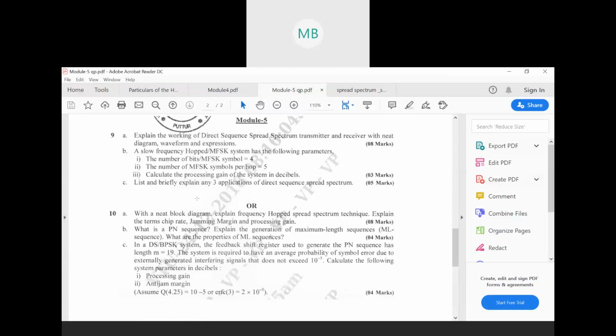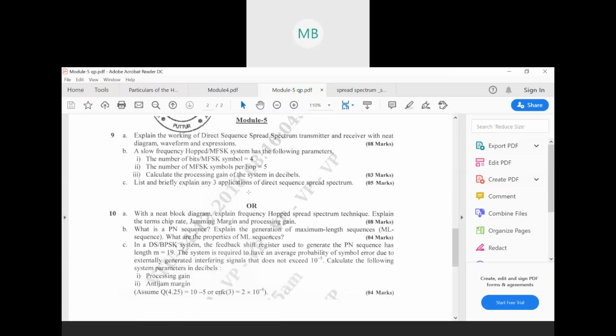Okay, next is list and briefly explain any 3 applications of direct sequence spread spectrum. Okay, we have discussed 4 applications. Applications are low detectability signal transmission, code division multiple access, communication over channels with multipath, and wireless LANs.